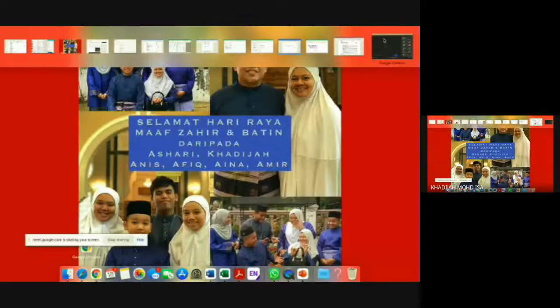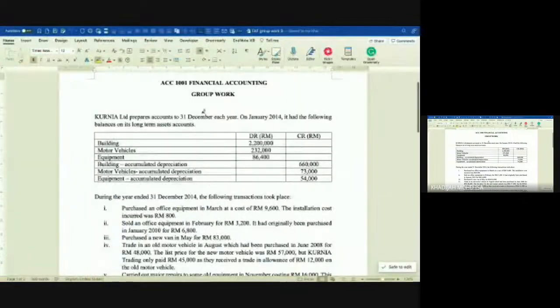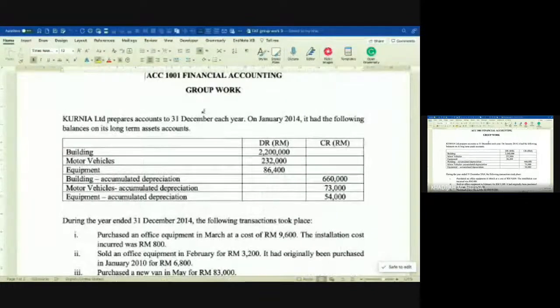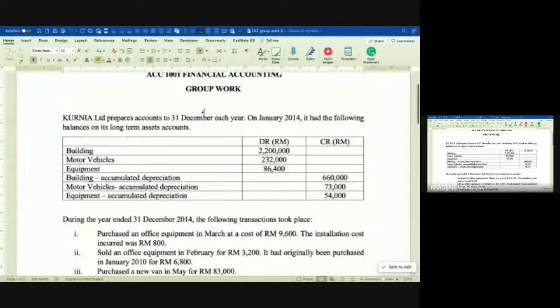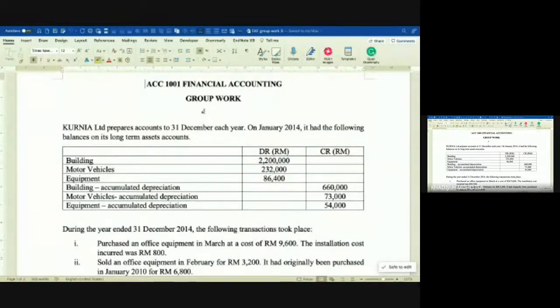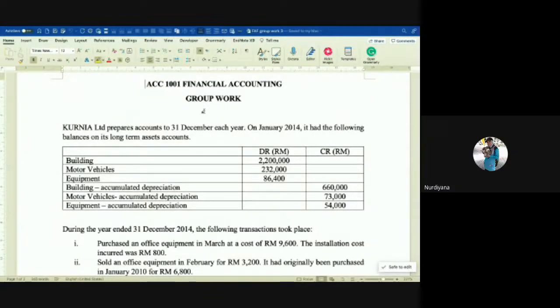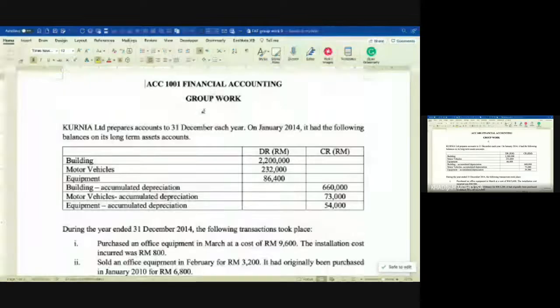There's another question which is almost similar. I have actually put this in your classroom as well. Can we do this question? Kurnia Limited prepares accounts to 31st December each year.